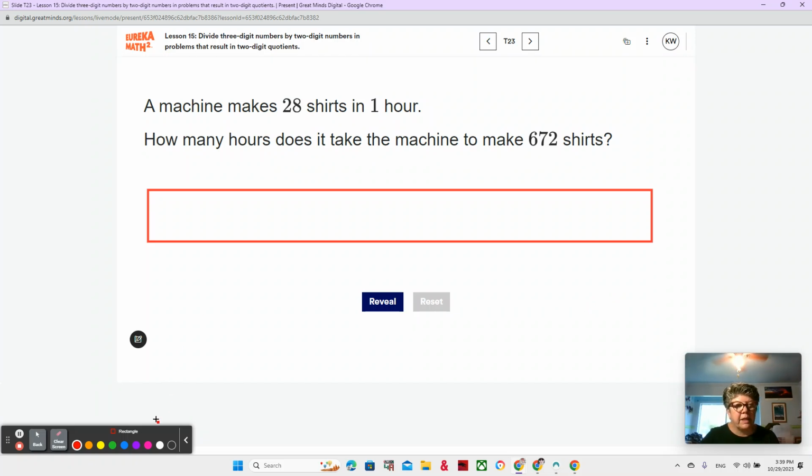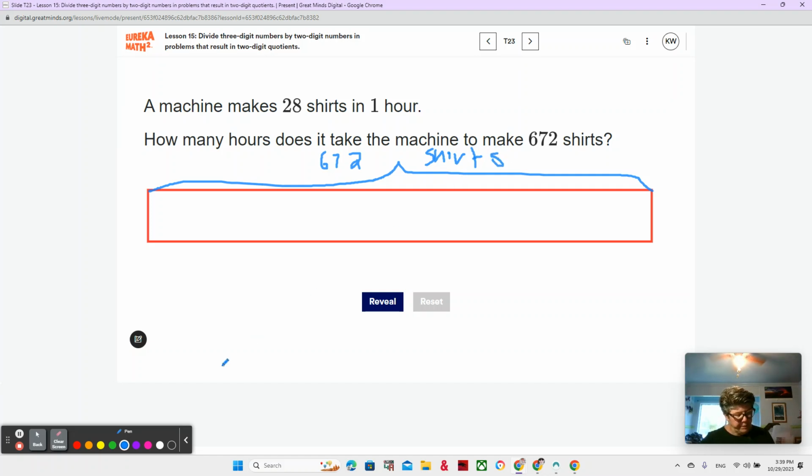And we need the machine to make 672 shirts, right? Okay.